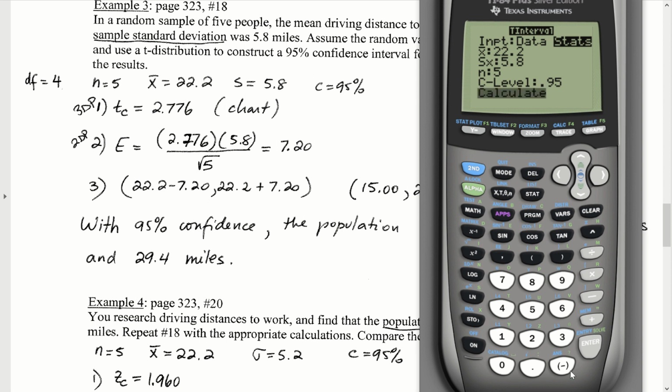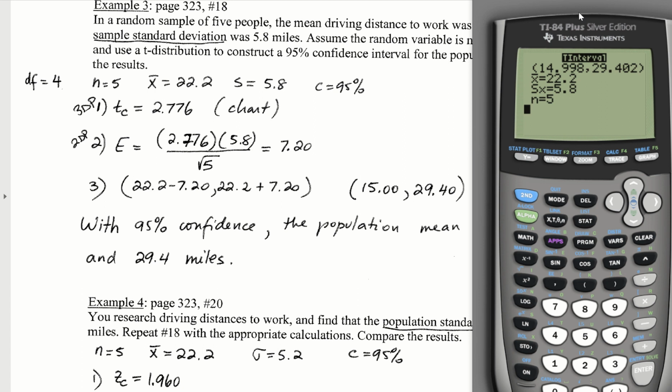I have everything in there. Let's go ahead and hit enter. And the calculator will compute the t interval for us. If I round all of these to 2 decimal places, this will round up to 15.00. And this one to 2 decimal places will be 29.40. Exact same result as what we got by hand.